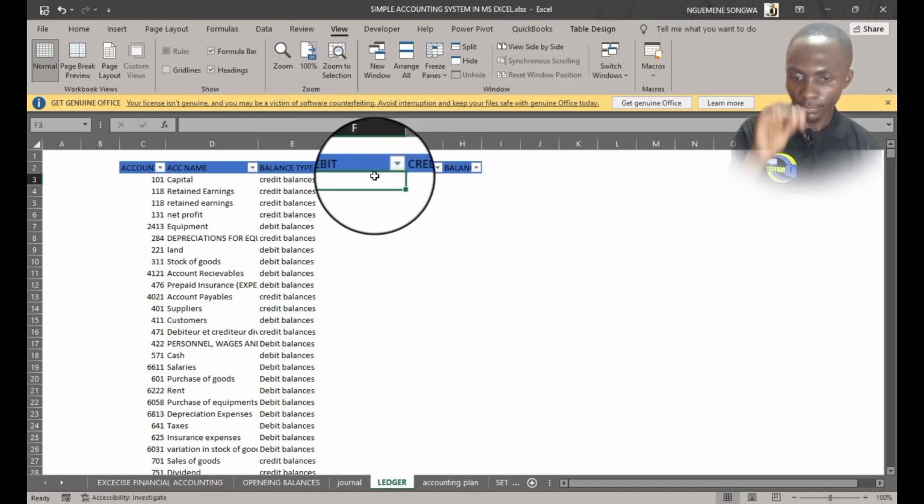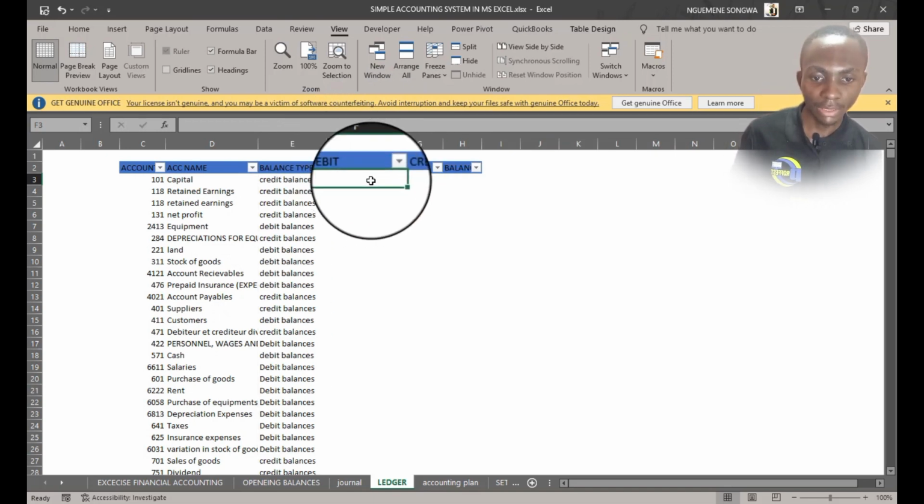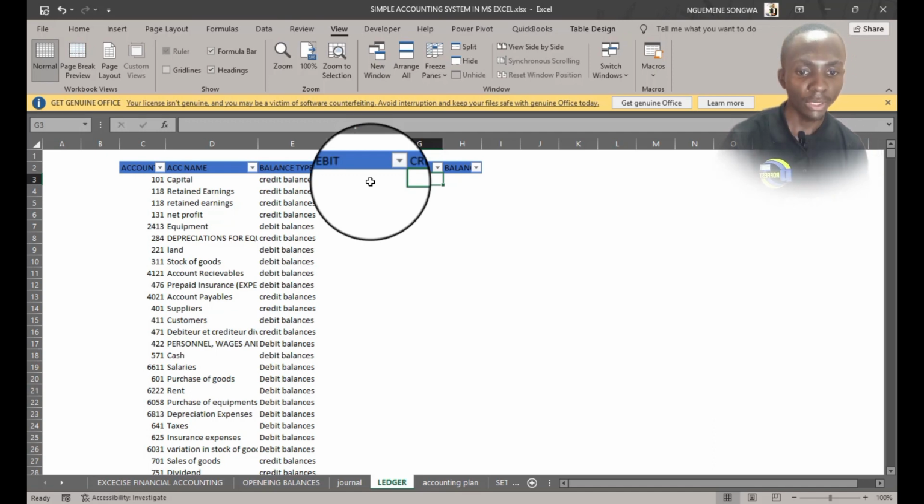Now we need the amount that was debited and the amount that was credited. It is in the trial balance that we're going to separate the opening balances from the movements and from the closing balances in terms of debit and credit. A ledger is supposed to give the detail of all the transactions that took place with a specific account.